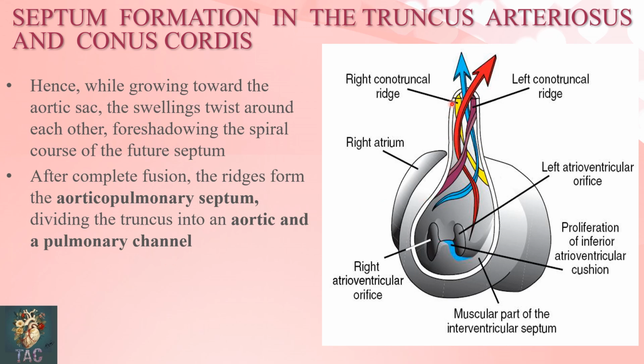So I repeat: this one is the right conotruncal swelling and this one is the left conotruncal swelling. The right grows distally and towards the left, and the left grows distally and towards the right. Both have this spiral course, and when they fuse with each other, the arrangement of the conotruncal septum is spiral.